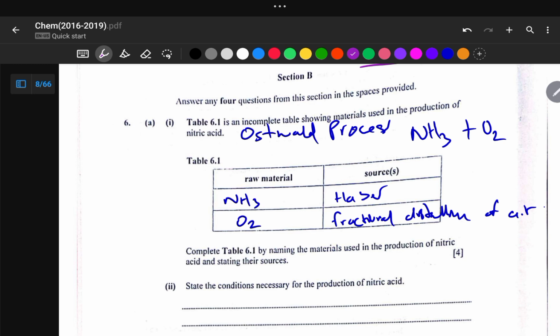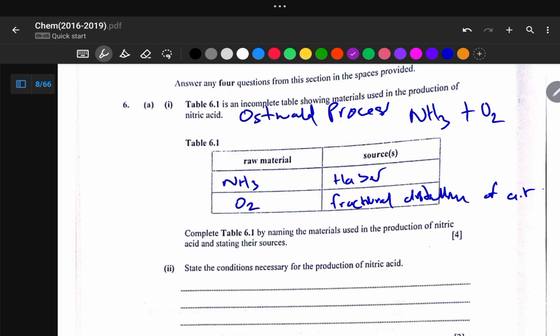So the reaction which occurs for the Ostwald process. Here we expand our session by including other frequently examined topics related to these topics, right? It is the catalytic oxidation of ammonia to form nitrogen oxide plus water, right?